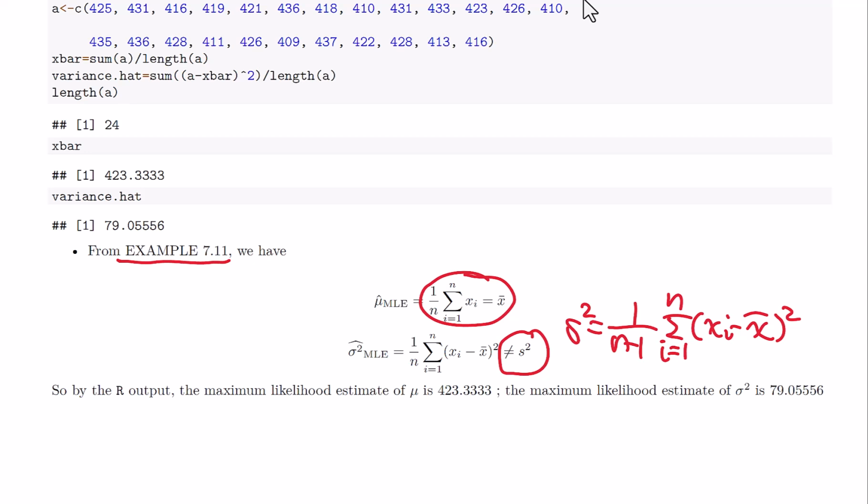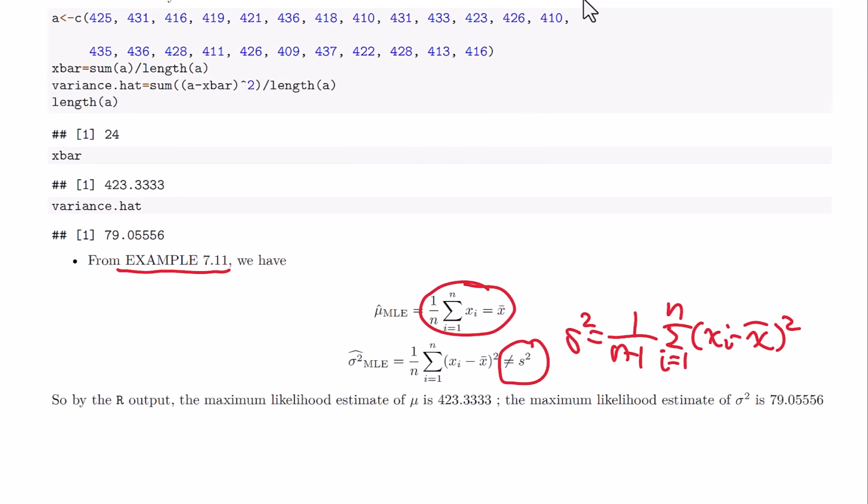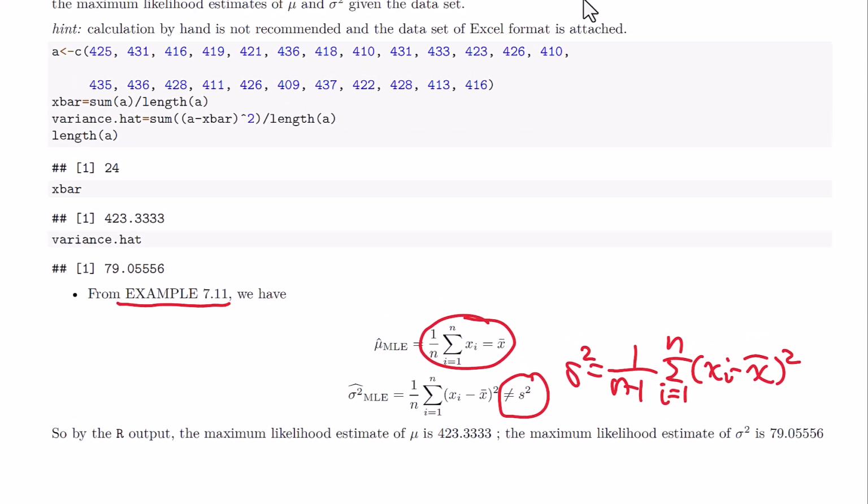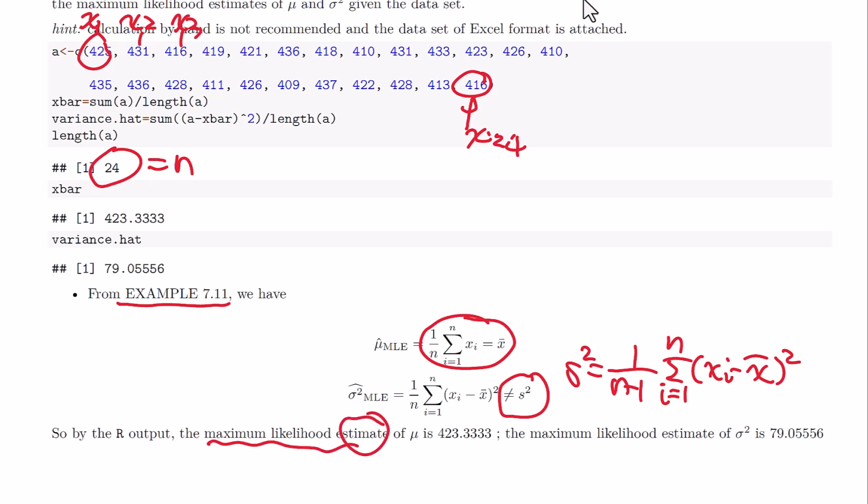After we know this, in our case, what are the xi's? Our xi's are x1, x2, x3, up to x24, because in our case n is 24. We have 24 observations. The maximum likelihood estimate for mu is just adding these 24 numbers together and dividing by 24.